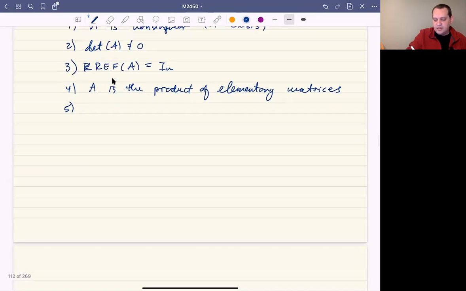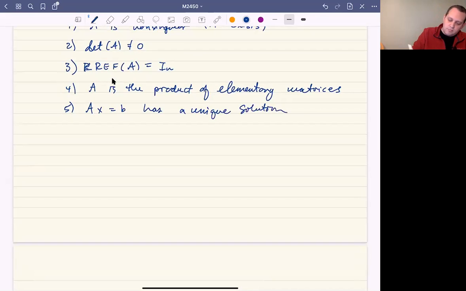That's equivalent to saying that AX equals B has a unique solution, right? That follows from knowing that A has an inverse. In particular, AX equals 0 has only the trivial solution, and that's when X is equal to 0.